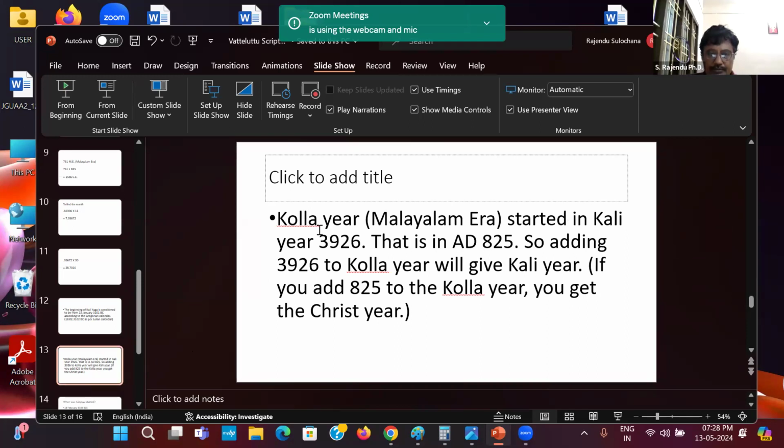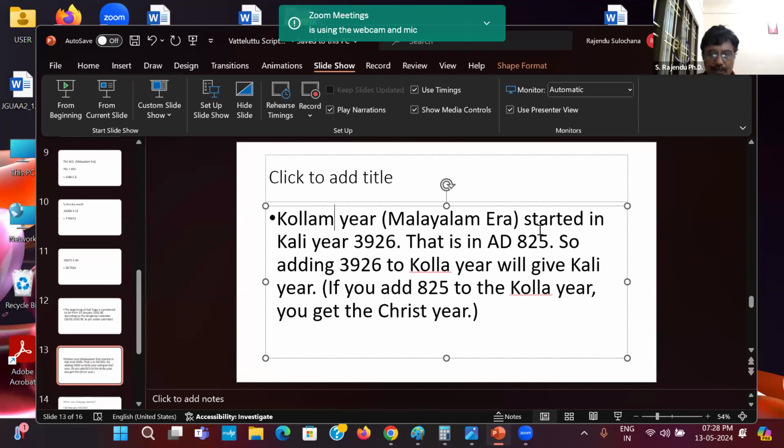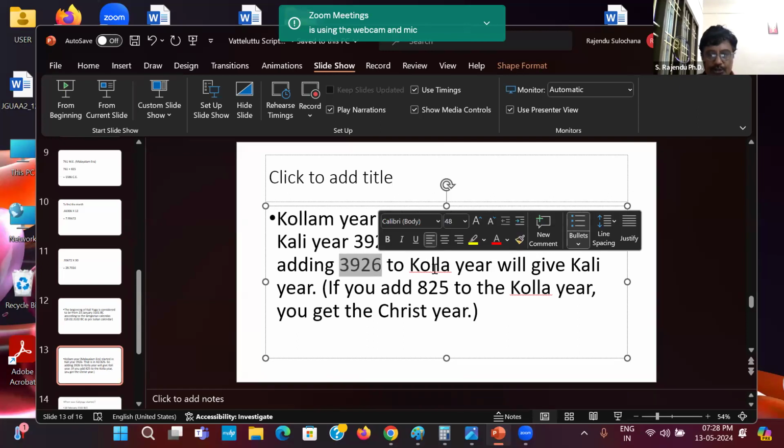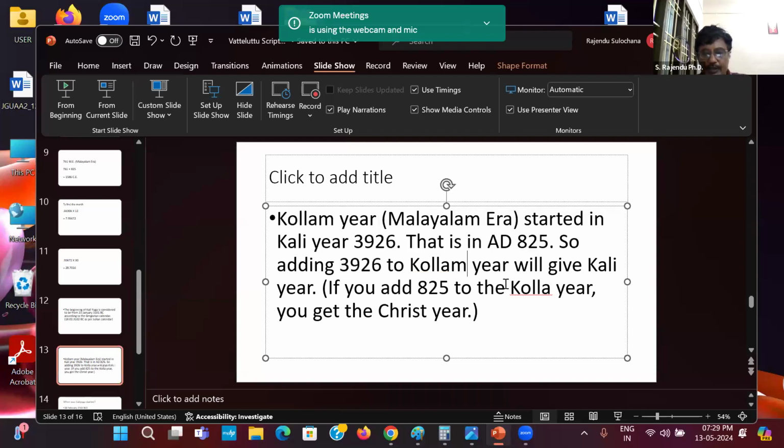Kollam year, also called Malayalam era, started in Kali year 3926. That is in AD 825. So you are adding 3926 to the Kollam year, which will give you the Kali year.